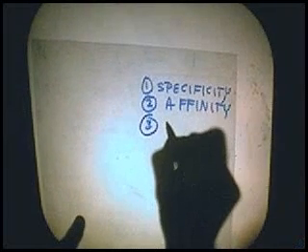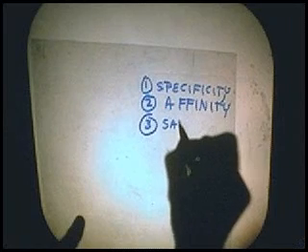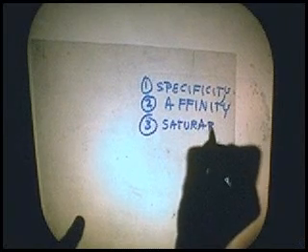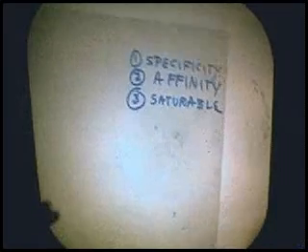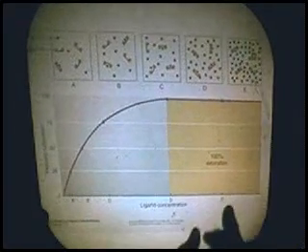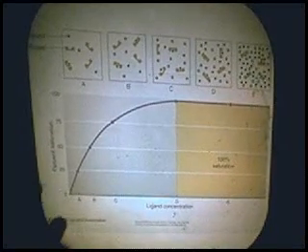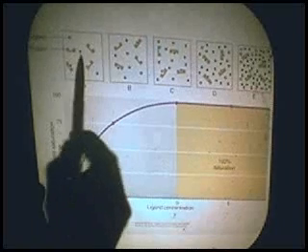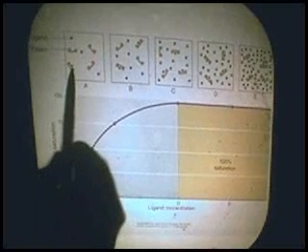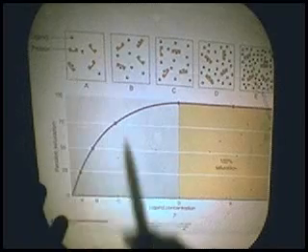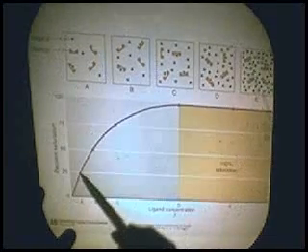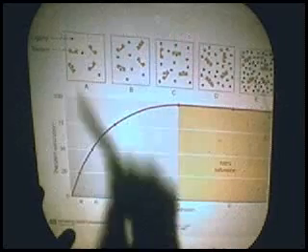Another feature of binding sites is something called saturability. So they are saturable. And what that means is that they can get filled up. So this is 3.30 from your book. This shows with this very low concentration of ligand, you have in this diagram 25% binding, and you can see this is A, so this is where this box corresponds to.